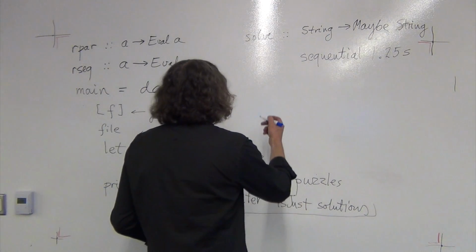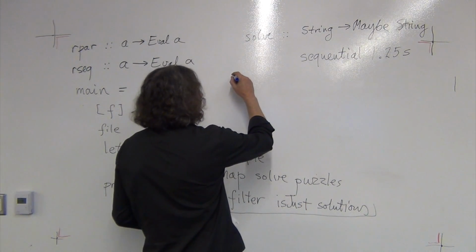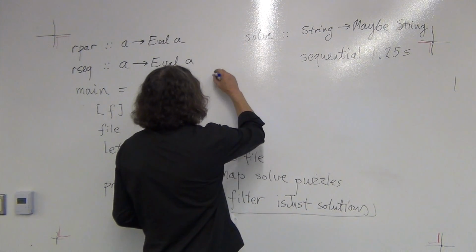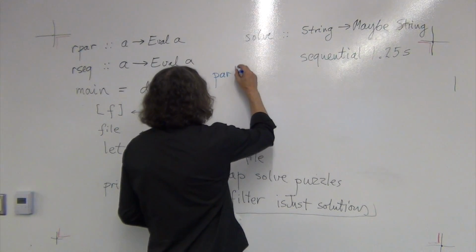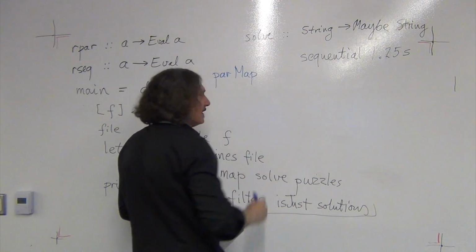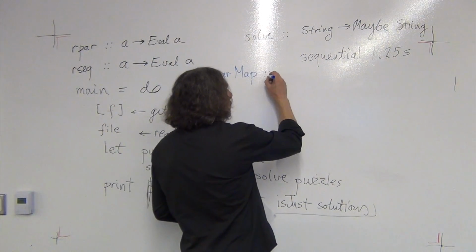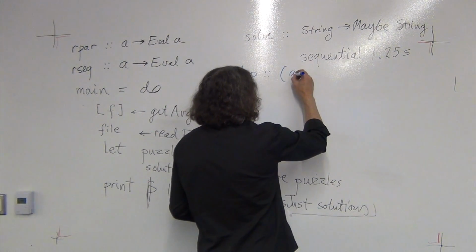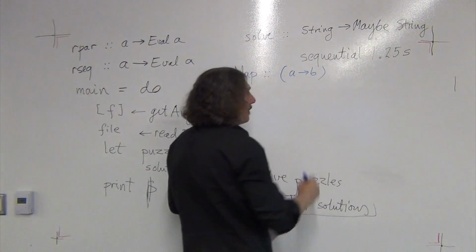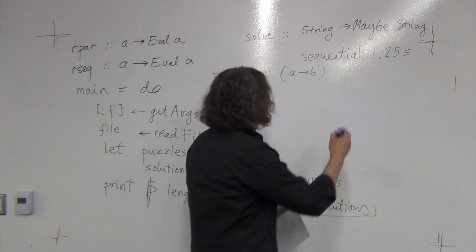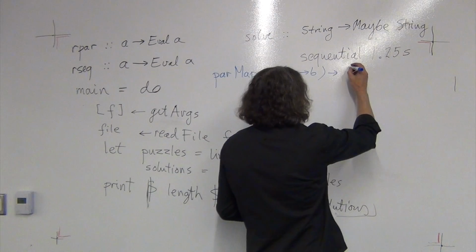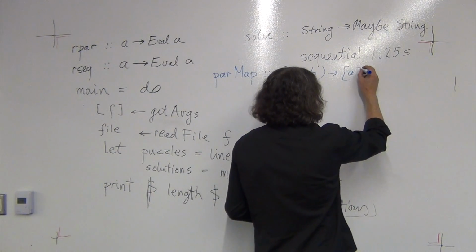So parmap has a signature that's very similar to map, right? So it will take a function from A to B, right? That's the function that we want to apply, and it will take an array of A's, right?